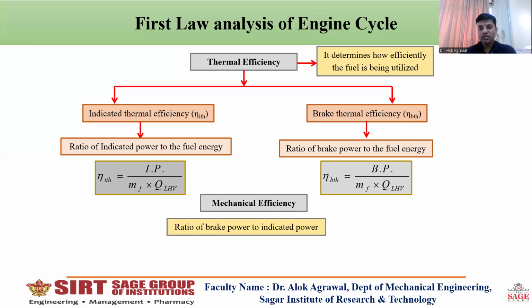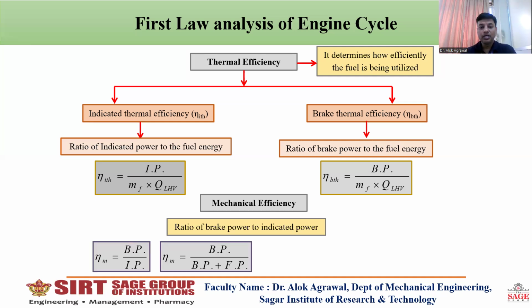There are various losses because of friction, and because of power taken to run the auxiliary parts. So it is the ratio of brake power to the indicated power.